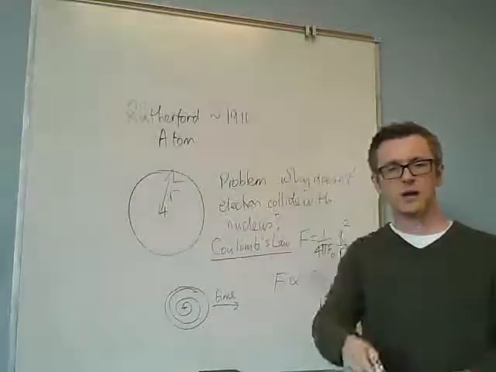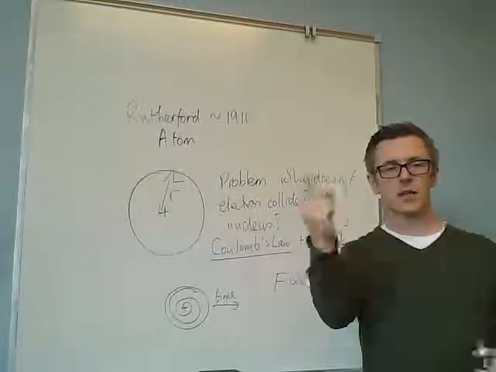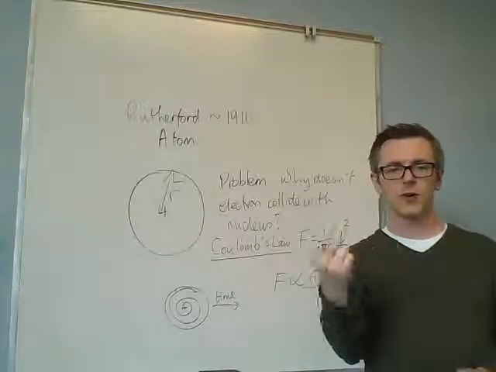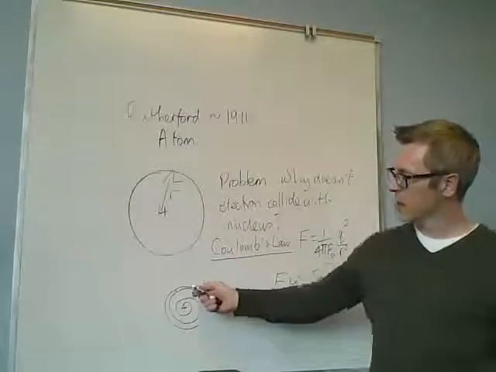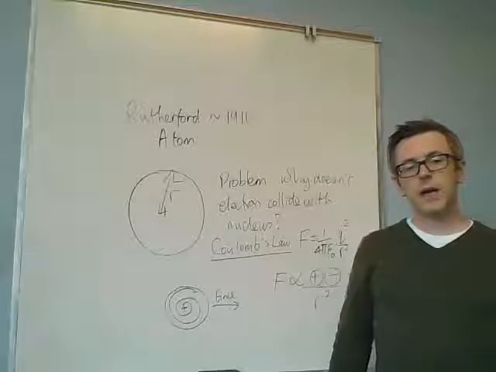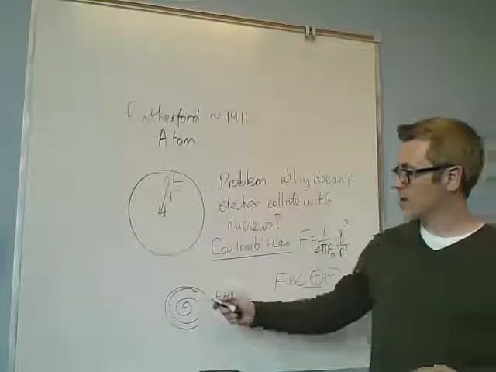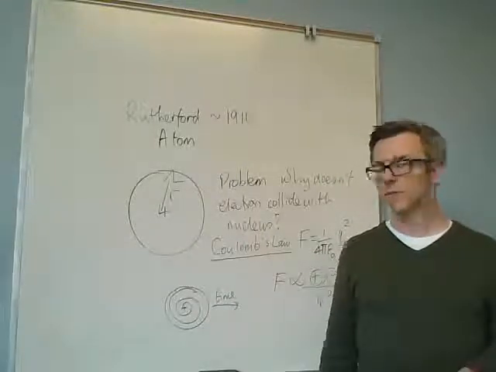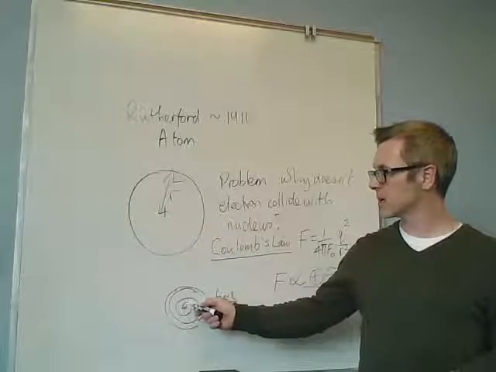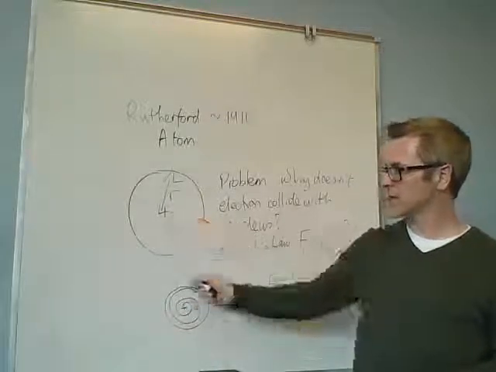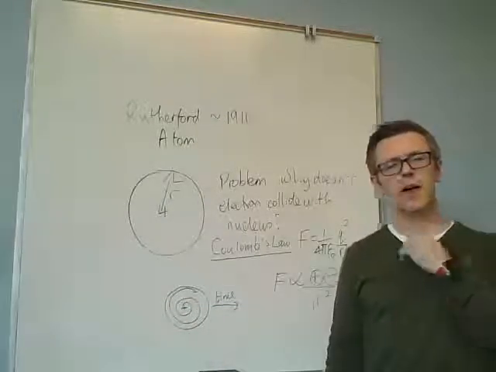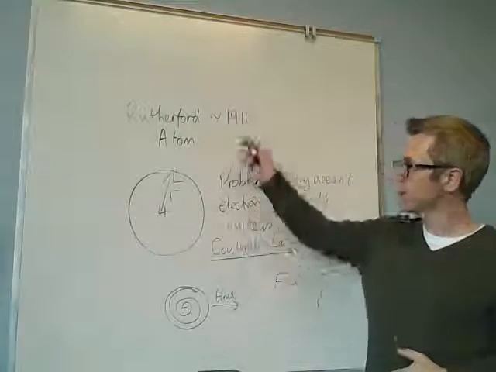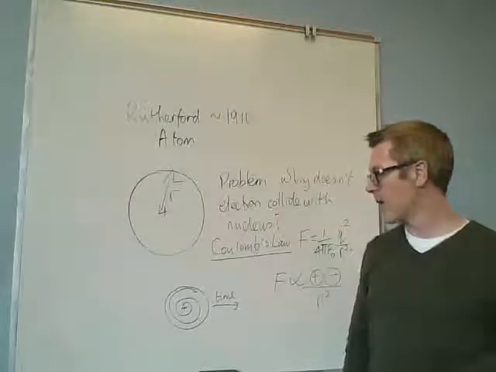Water doesn't just go down the plug hole in a sink. It kind of goes round and round and round and then slowly down the plug hole. This would be analogous here. This is what we don't see. So because we don't see this, and that's our model, there's a disconnect between our model and reality in 1910.